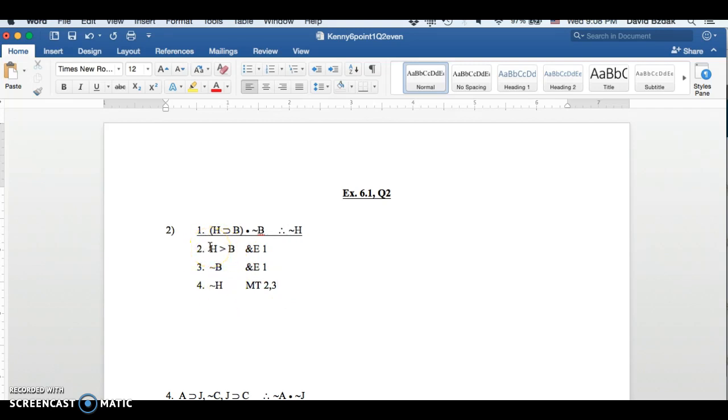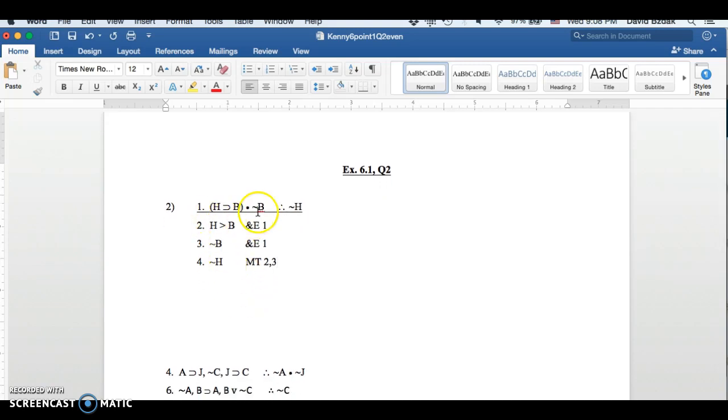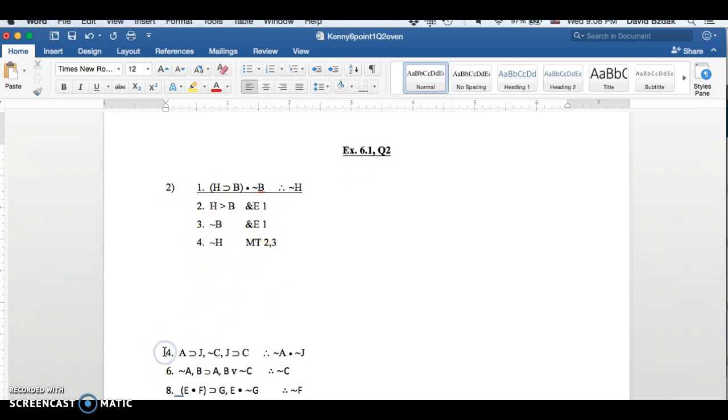All right. So whenever you see a conclusion that's a negation, and the only place that occurs is as an antecedent, then maybe modus tollens is a rule to use. All right. So that's it for 2. We just needed to do conjunction elimination and then one modus tollens step.